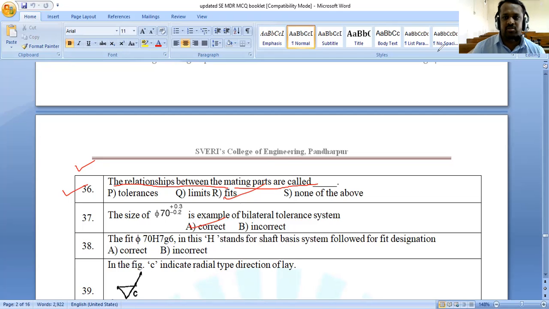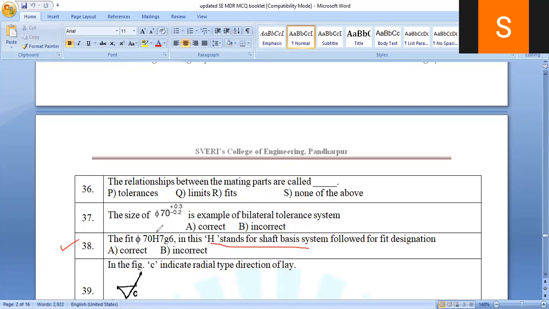Tell me the 38 number question. Is it the 38 number question? The fit 570S6, in this the H stands for the shaft basis system followed for the predestination. Yes, H stands for the shaft or hole? होल.